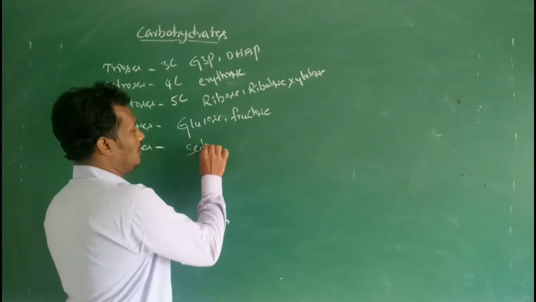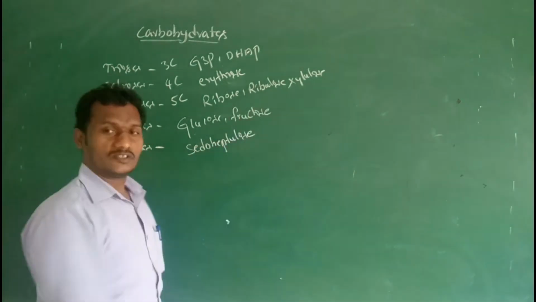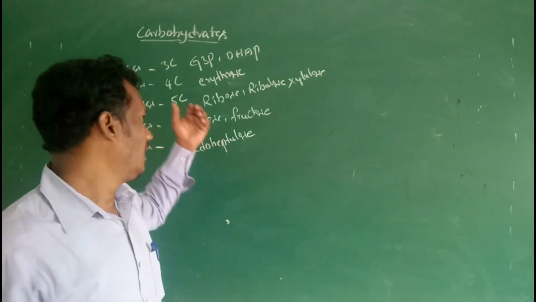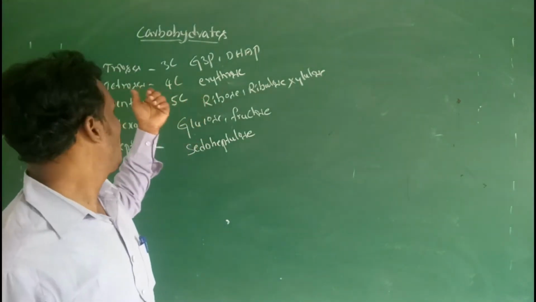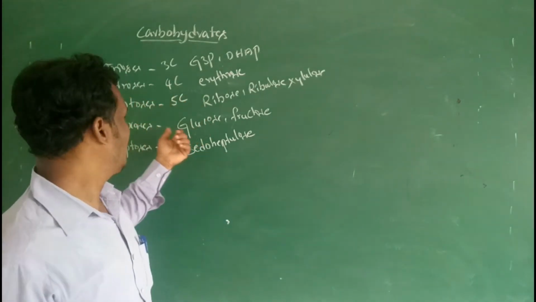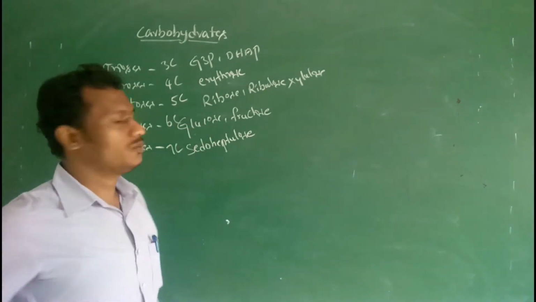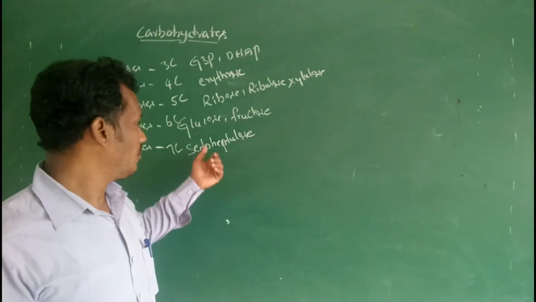These are pseudoheptulose, etc. So based on the number of carbon atoms: trioses are 3 carbon compounds, tetroses 4, pentoses 5, hexoses 6, and heptoses 7 carbon compounds.